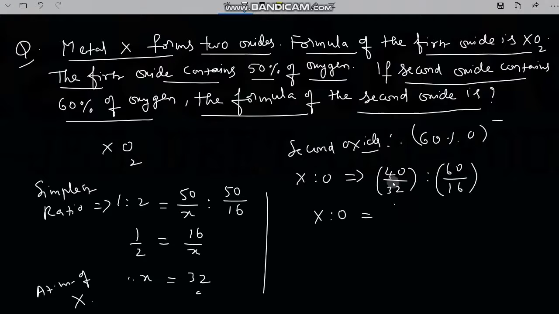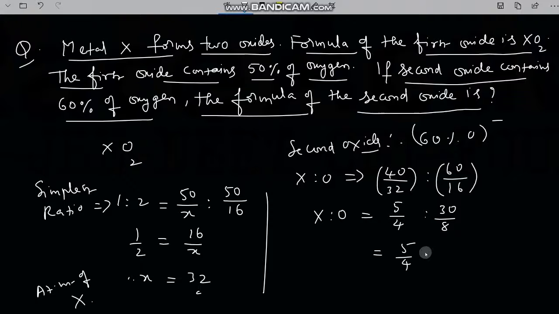5 times 8 is 40. 16 by 60 means we can say 30 by 8.